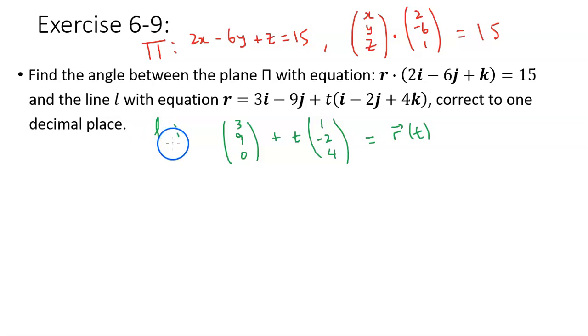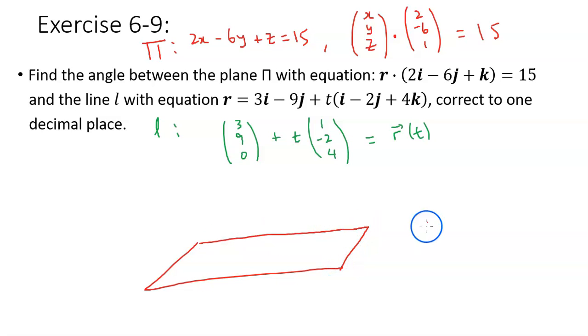Okay, and we're looking for the angle between L and pi. Let's draw a little sketch. This is our plane pi, and then we have our line L. And then we have our normal vector n. So the normal vector has coordinates (2, -6, 1).